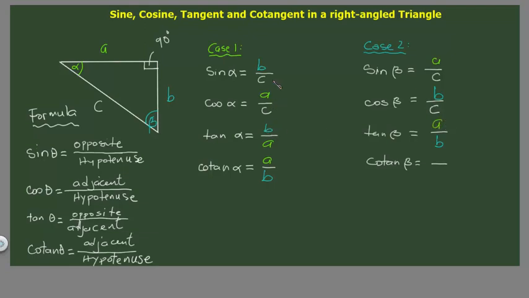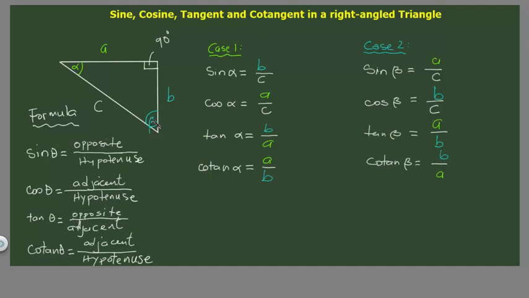Just like I told you before, you can also take the sine divided by the cosine, and then you'll have a over b when the c cancels out. And the cotan is the inverse, so we're going to have b over a. As you can see, determining the sine, the cosine, and so on of an angle is all about the angle you've chosen.